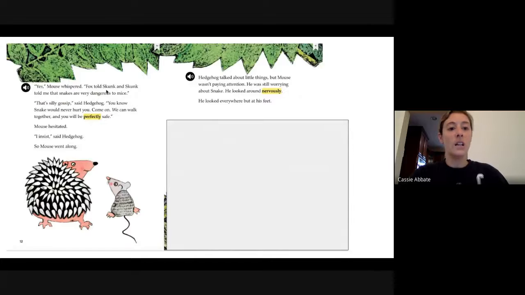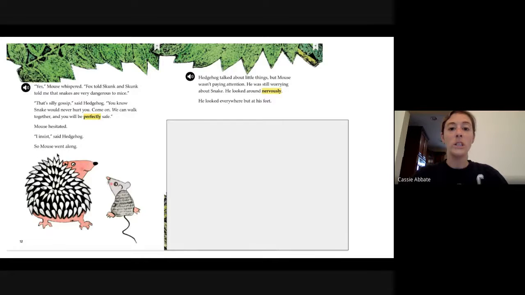"Fox told Skunk, and Skunk told me that snakes are very dangerous to mice." "That's silly gossip," said Hedgehog. "You know Snake would never hurt you. Come on, we can walk together and you will be perfectly safe." Mouse hesitated. "I insist," said Hedgehog.